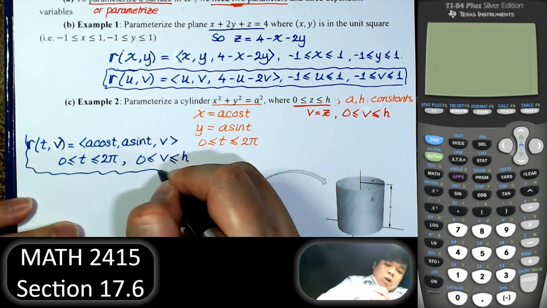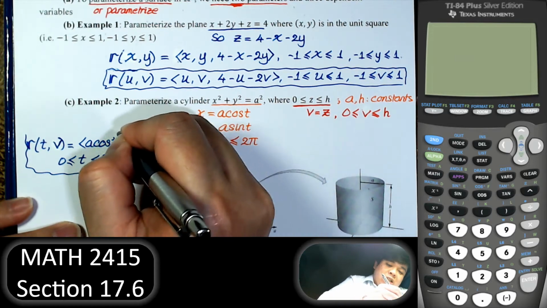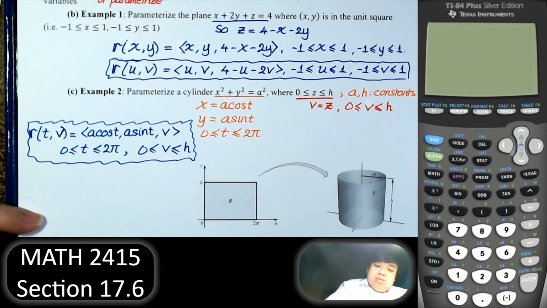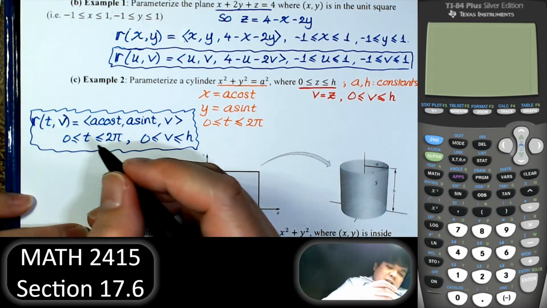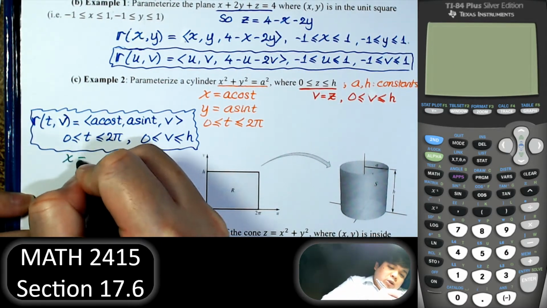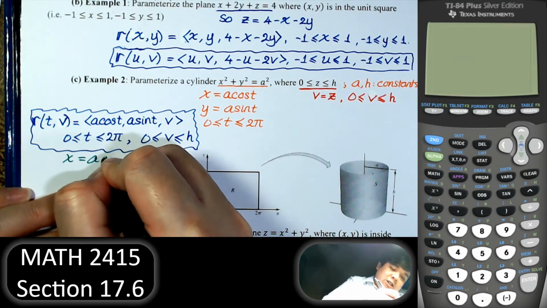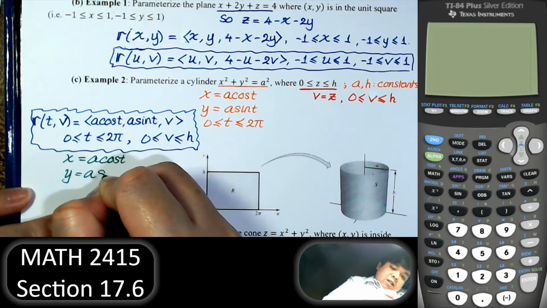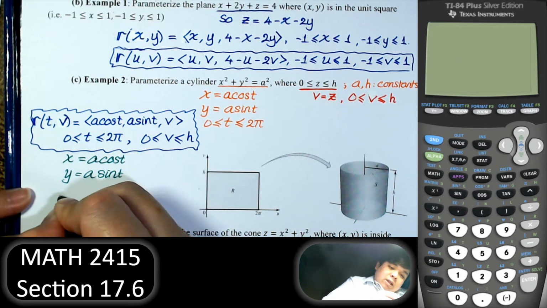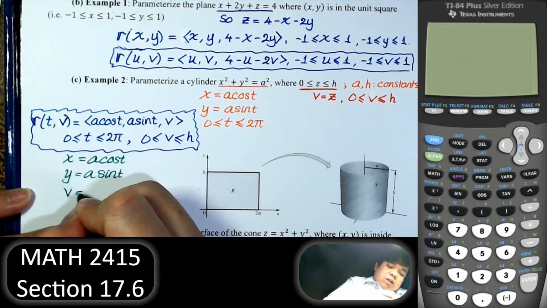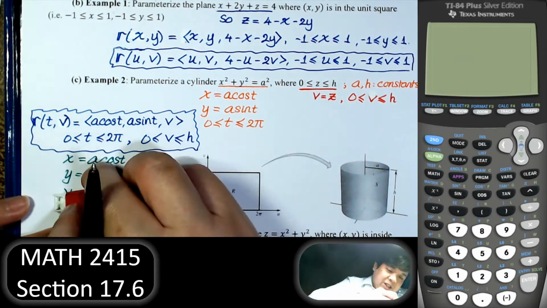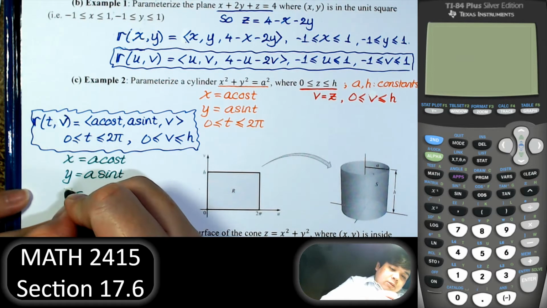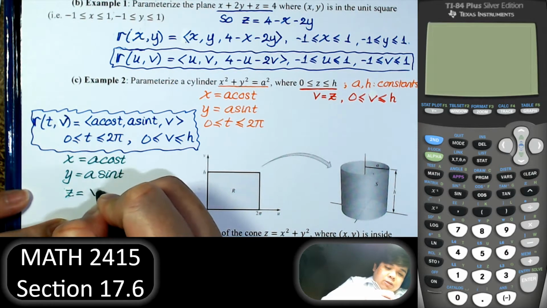So we write three variables x, y, z in terms of two parameters. It could be anything. Or we can just write it as parametric equations: x equals a cosine t, y equals a sine t, and z equals v.